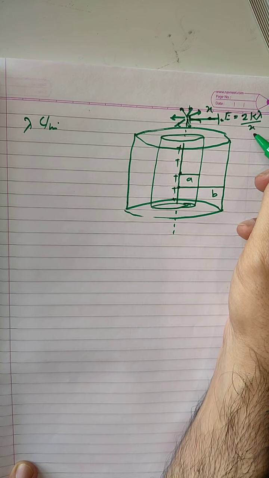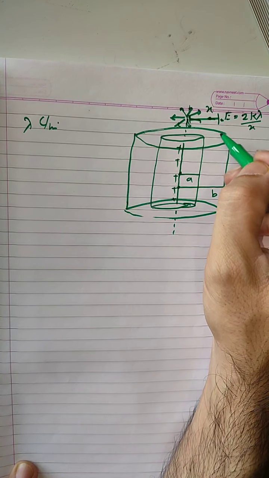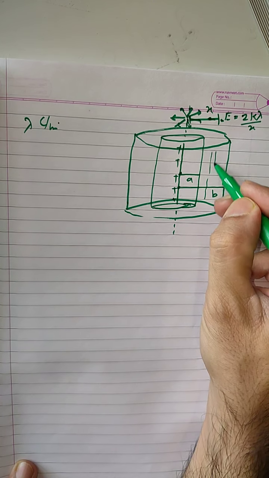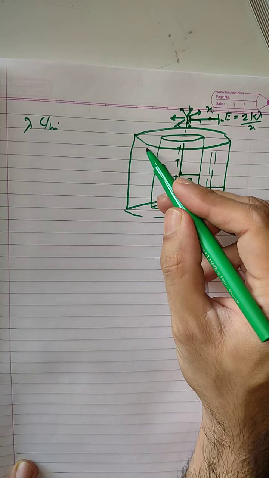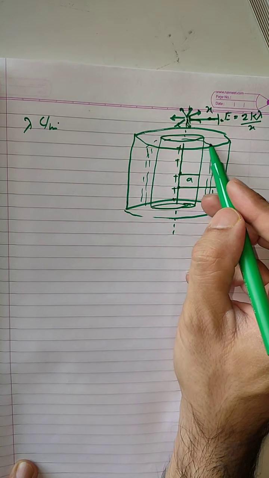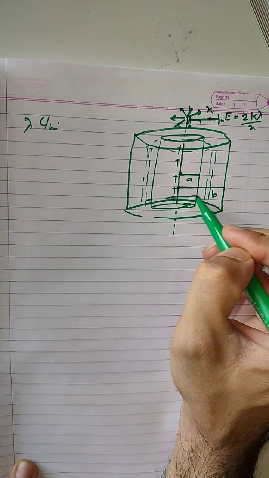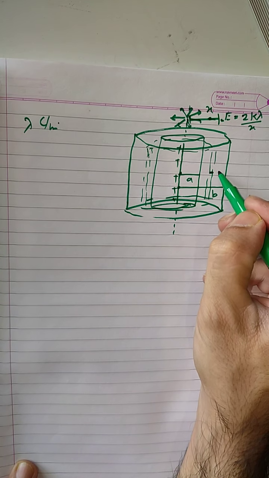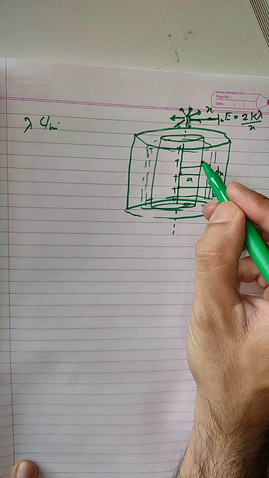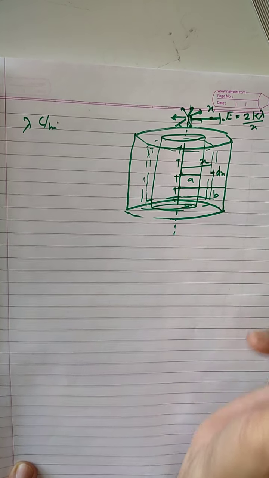This we have done in the previous sections. So using this concept we can take an elemental cylindrical shell, just like we used to take elemental spherical shell in earlier example. So we have this elemental cylinder of thickness dx and radius x at a distance x.